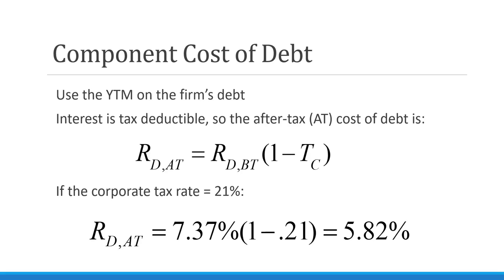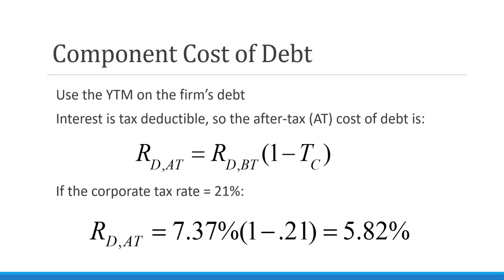Using the yield to maturity on the firm's debt, we also need to look at the fact that interest is tax deductible. So the after-tax cost of debt is the cost of debt times 1 minus the tax rate.